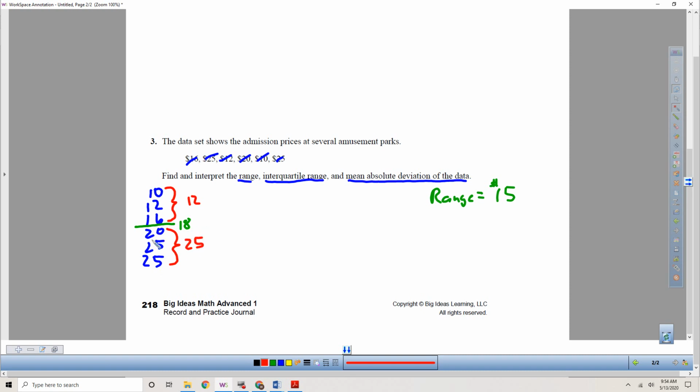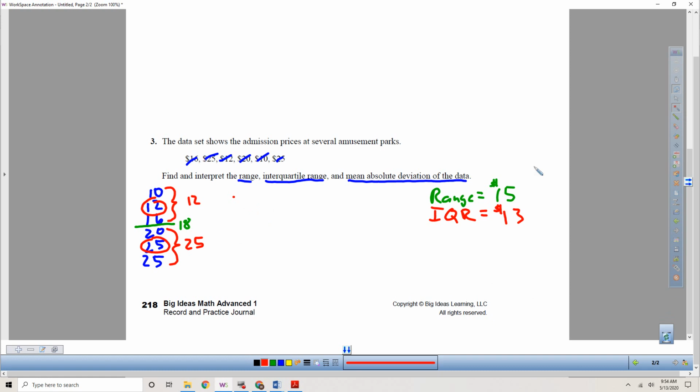So our interquartile range means the difference between the quartiles. So we just take 25 minus 12, and so our IQR, that means interquartile range, is 25 minus 12, which is $13.